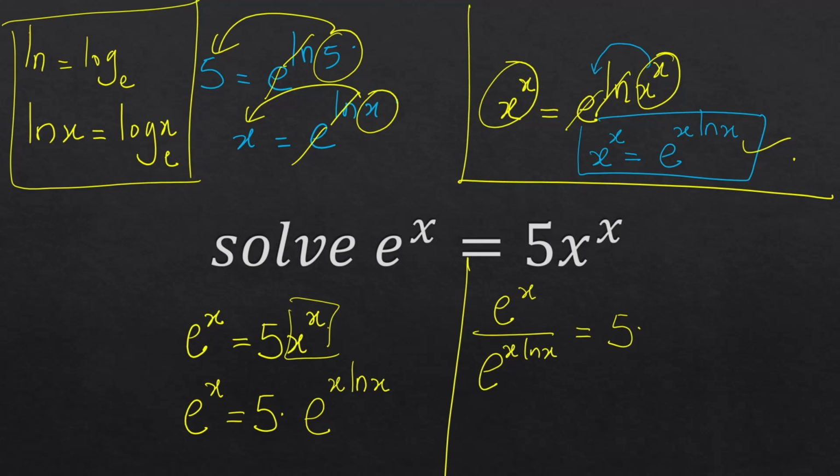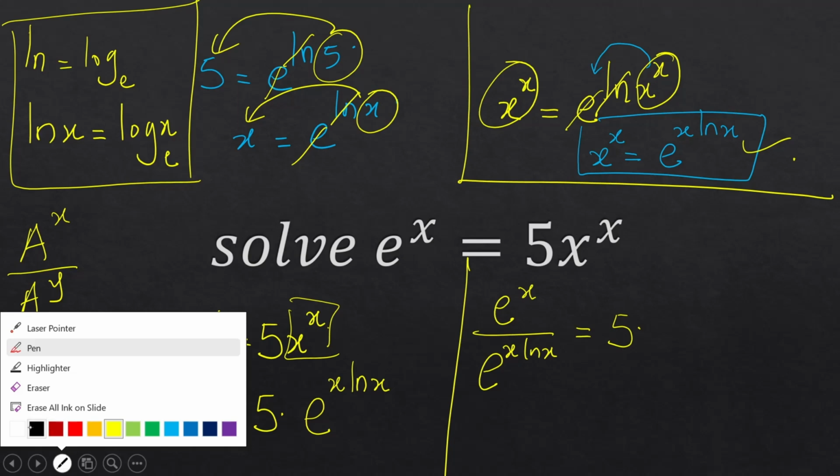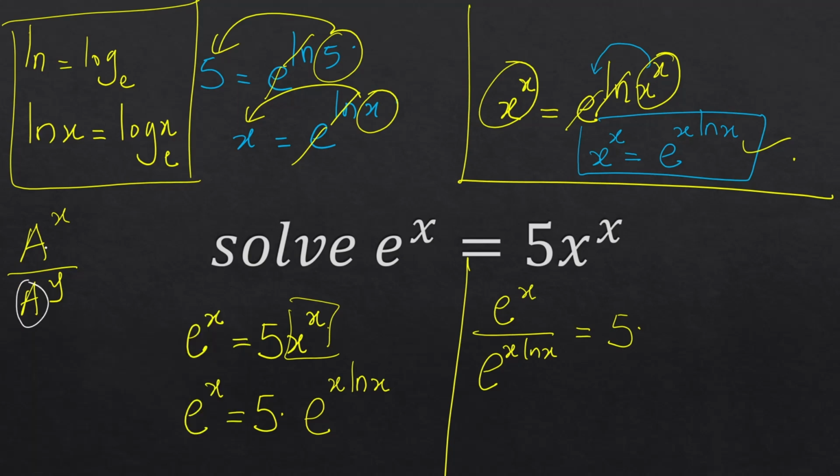Now, if you look at the third step, there is something you should recognize. That is what I call the division law of indices. Look at what the division law says. If you have a raised to power x all over a raised to power y, the law says if the bases are the same and they are dividing, their powers will subtract.